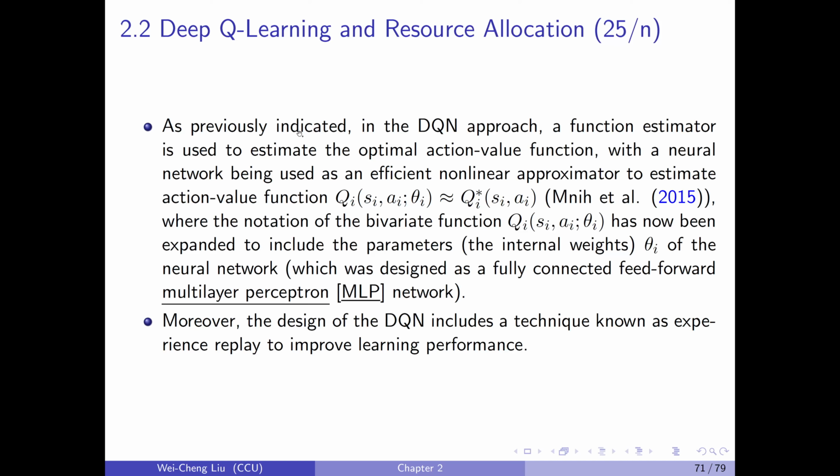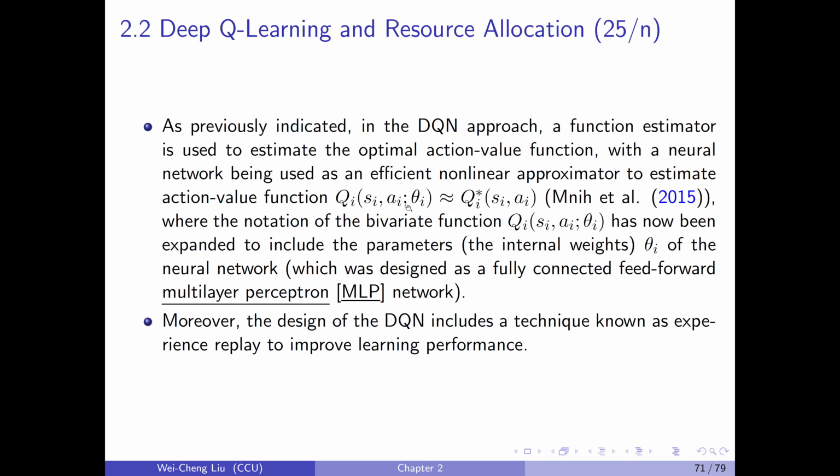As previously indicated, in the DQN approach, a function estimator is used to estimate the optimal action value function, with a neural network being used as an efficient nonlinear approximator to estimate the action value function Qi of Si, ai, theta I. So Qi is the action value function, that is the Q function of the ith user, Si is the state of the ith user, Ai is the action of the ith user, and theta I is the parameter of the ith user.